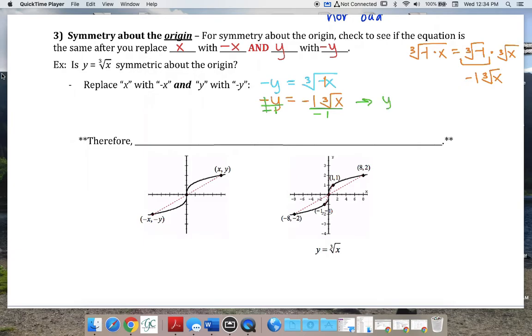And then on the right side, we also have a negative divided by a negative, which becomes a positive. So this becomes a positive cube root of x, which again is the exact equation we started with. Those two match. So that tells us that the equation y equals the cube root of x is symmetric about the origin.